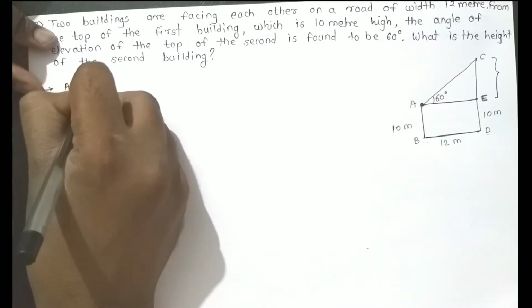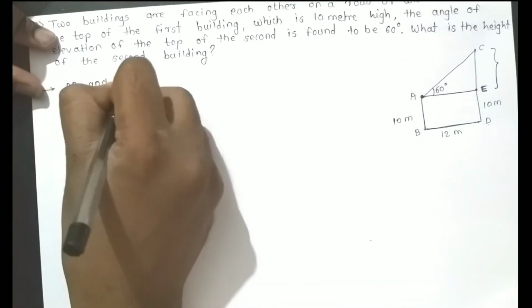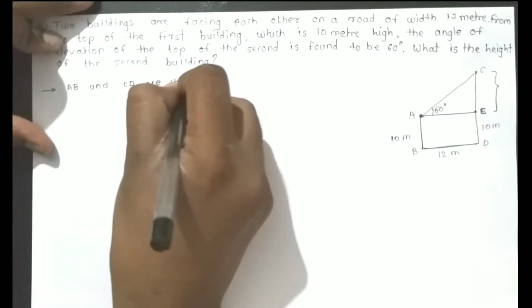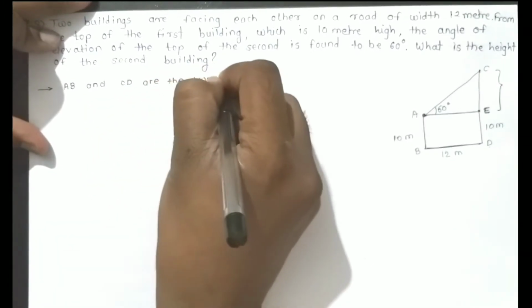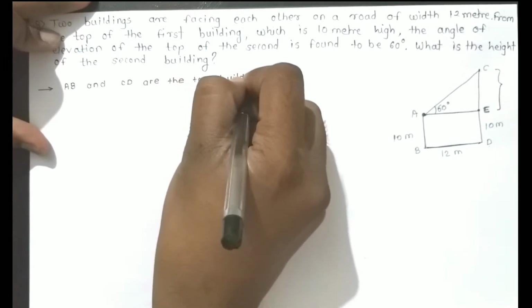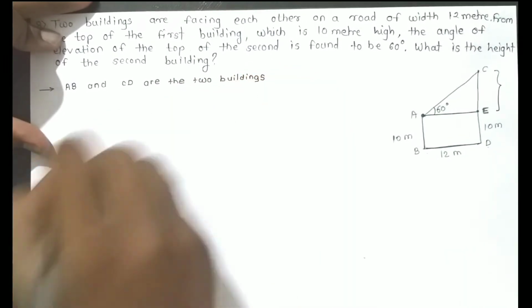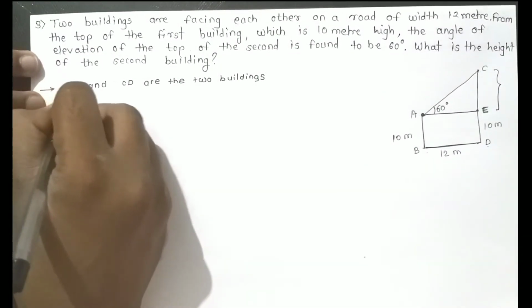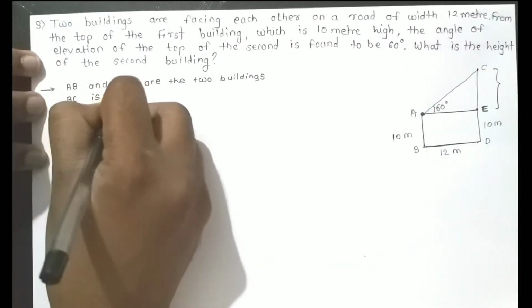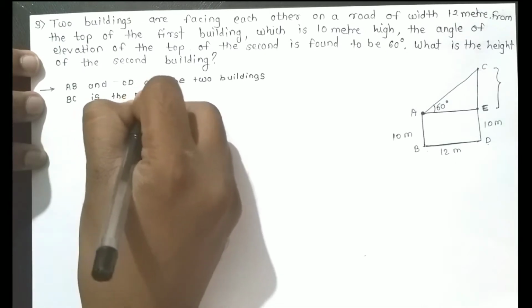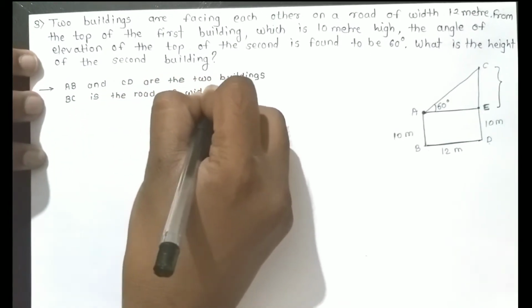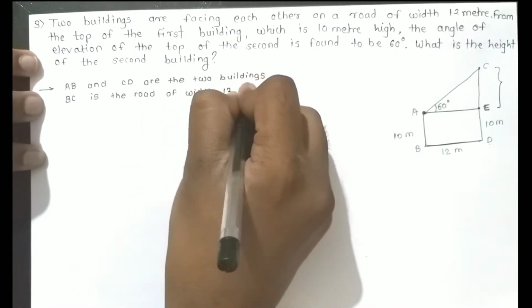AB and CD are the two buildings. The next one is BD is the road of width 12 meter.